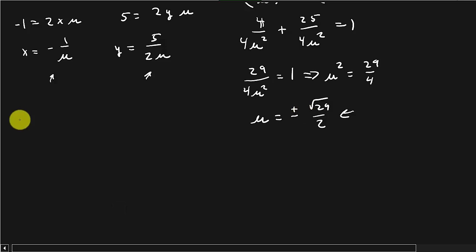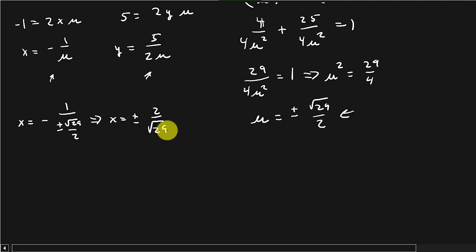All right, so let's do that. So x is equal to negative 1 over plus or minus square root of 29 over 2, which implies x is equal to plus or minus 2 over square root of 29.